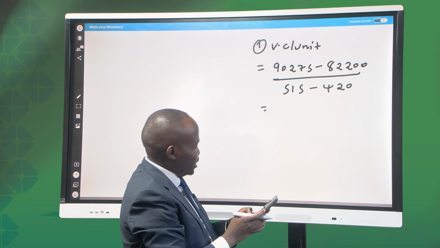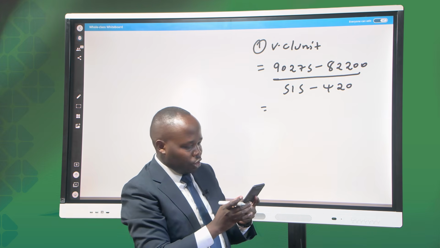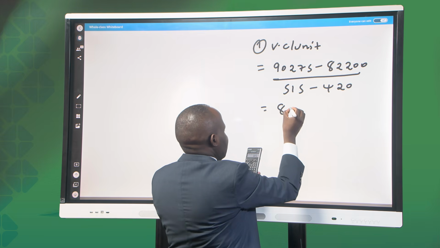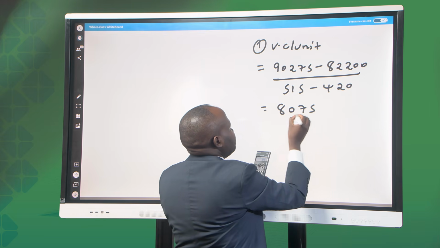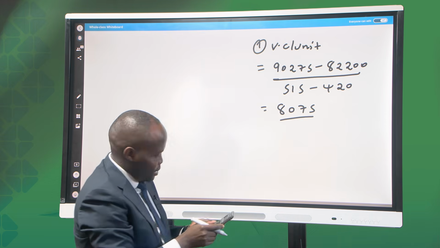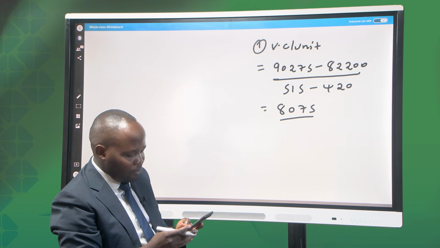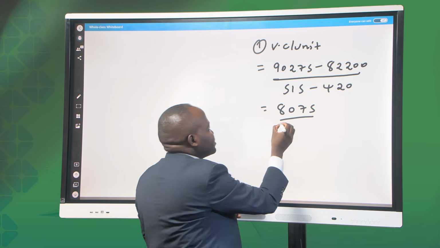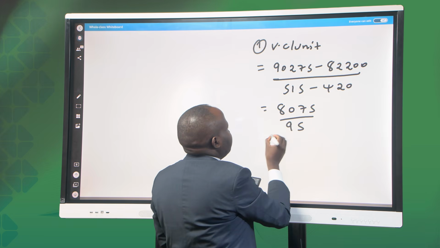So we go for that by calculating it. 90,275 minus 82,200, it gives us a numerator of 8075 divided by 515 minus 420. It gives us 95.